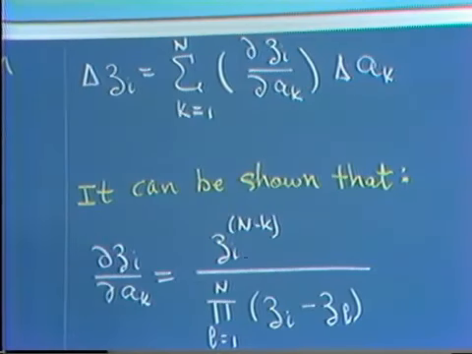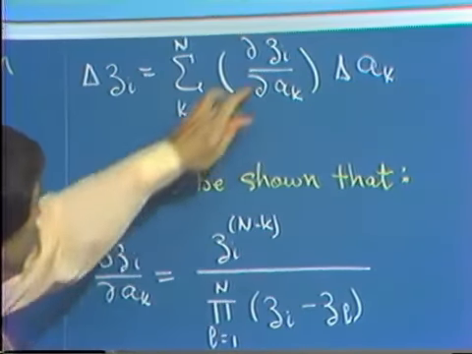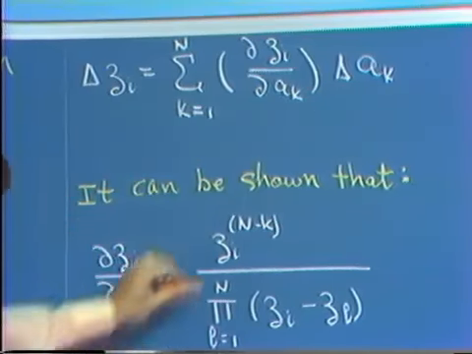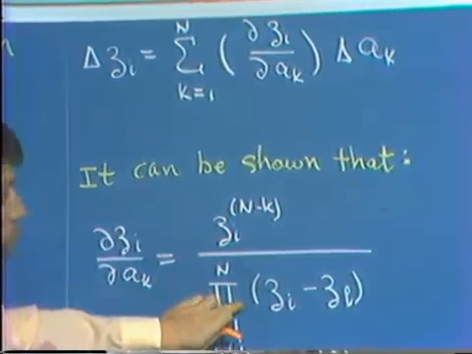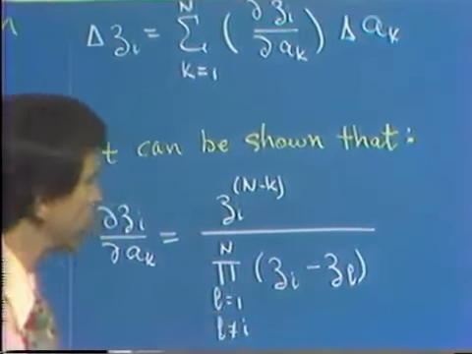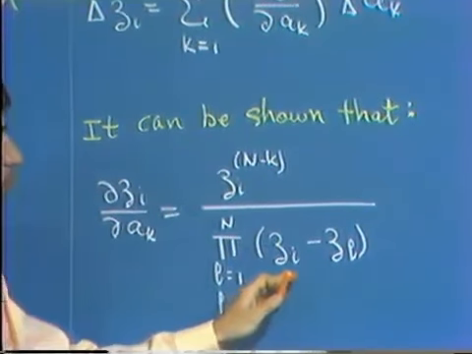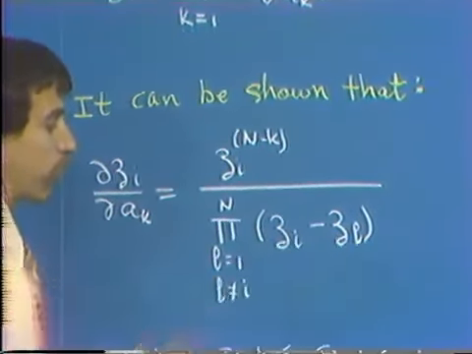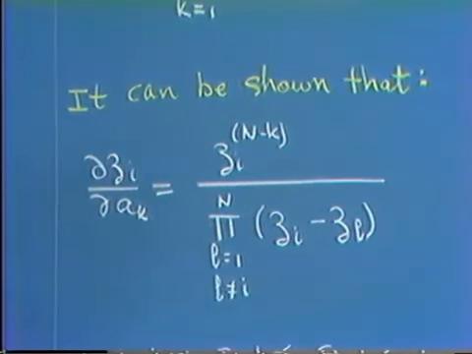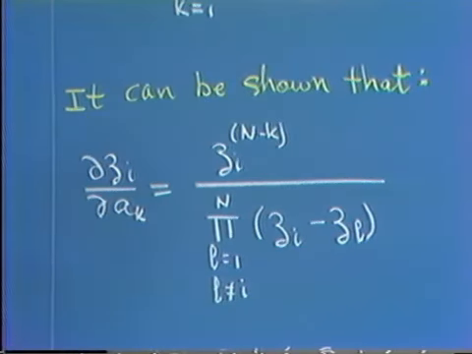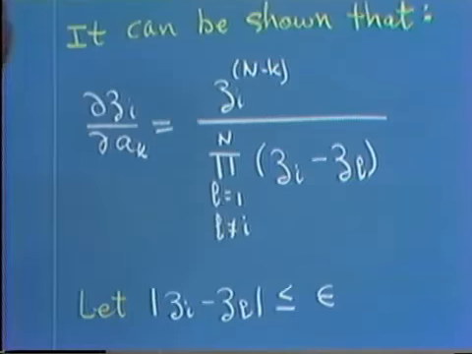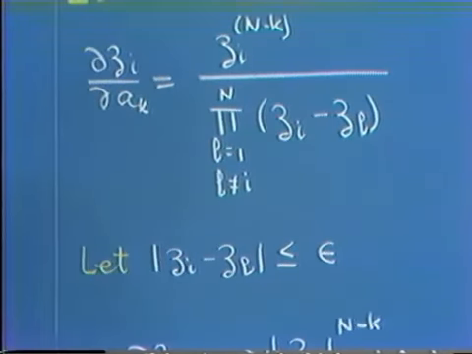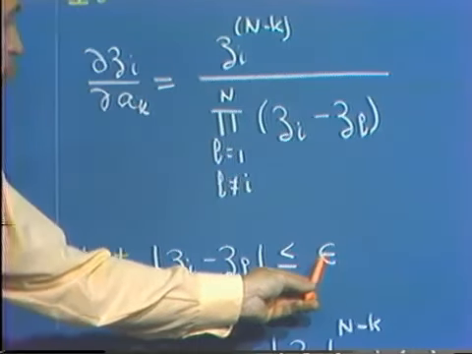But basically, the result is that this partial derivative can be expressed in this form, where the important thing to focus on is that what's involved in the denominator is the product of the difference in the pole locations. Let's assume, for example, that all of the poles are clustered inside a circle of radius epsilon.